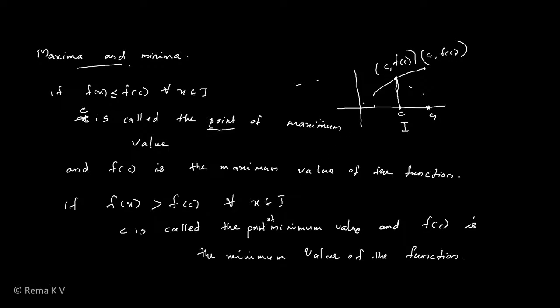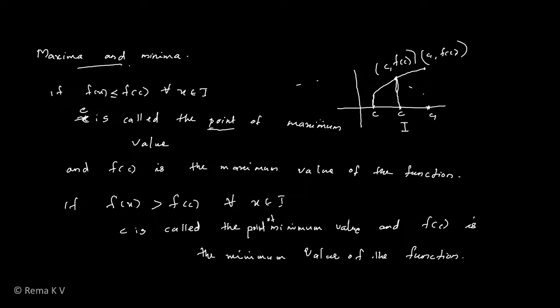So in this case, if we consider this point as C, then f of c is the length of this line segment. f of c is less than all other f of x. So this point C is called the point of minimum value and the corresponding value of the function f of c is called the minimum value of the function.